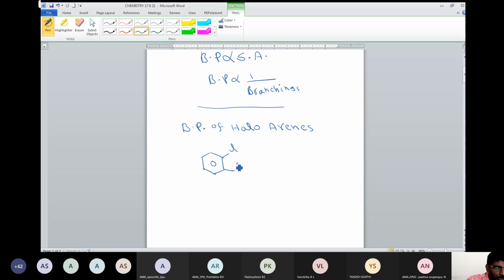Here chlorine, here chlorine, both present at ortho position. Here both chlorines present at meta position. Both chlorines present at para position. So the boiling point of dihaloarenes is almost nearly the same.